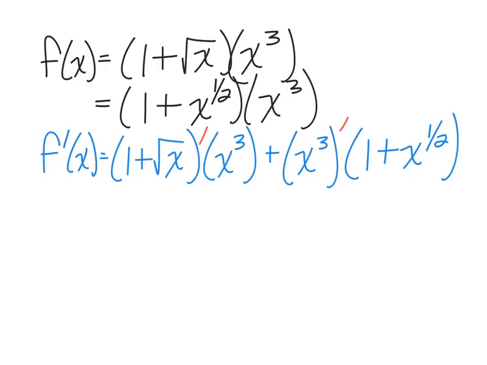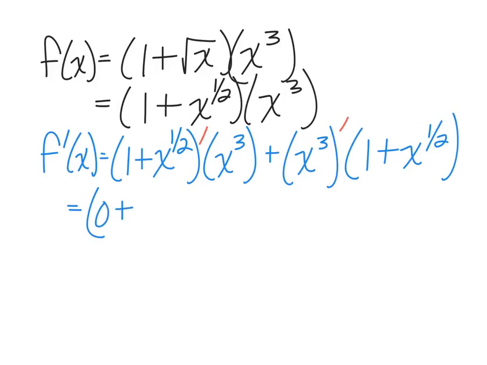And going back, I should have kept the x to the 1/2 in here. And so now we're ready to differentiate. So, of course, the derivative here will be 0.